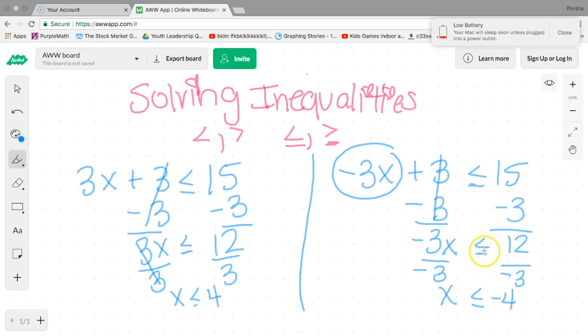But like we said in the beginning, when you're multiplying and dividing by negative numbers, you want to look at it according to the number line, or, as some of my students know, we're just going to flip the sign. So it's going to be x is greater than or equal to negative 4. So that is our answer: x is greater than or equal to negative 4. Sorry about that.